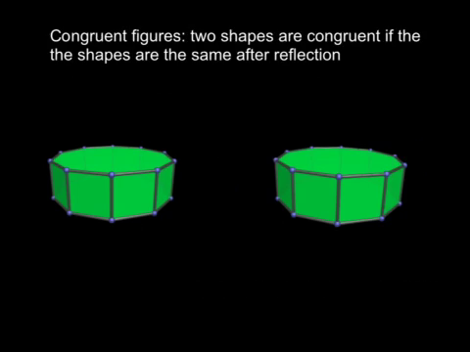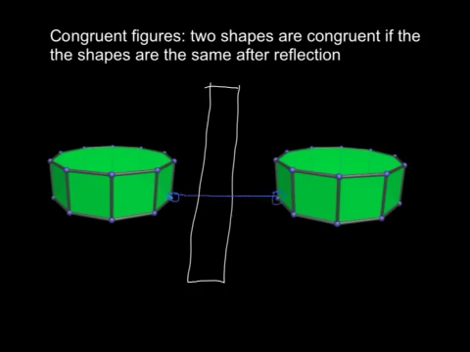Congruent figures: two shapes are congruent if the shapes are the same after the reflection. So if we have our reflecting plane between these two shapes, my plane's going to be very small, then we should see that the shape on the left is the same as the shape on the right, meaning this point is the same as this point, and this point is the same as this one once reflecting through the plane.